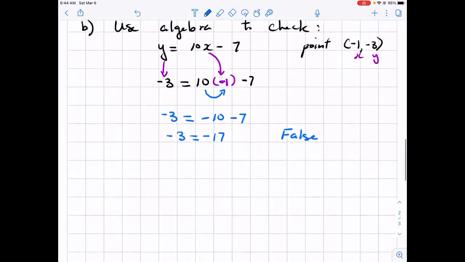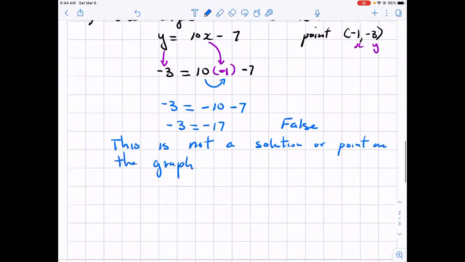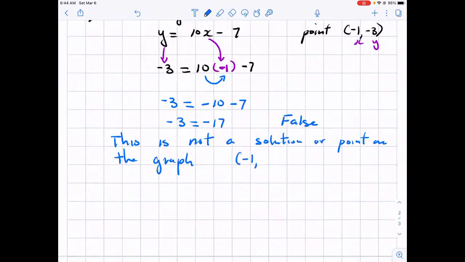So this tells us this is not a solution point. So (-1, -3) will not be on the graph.